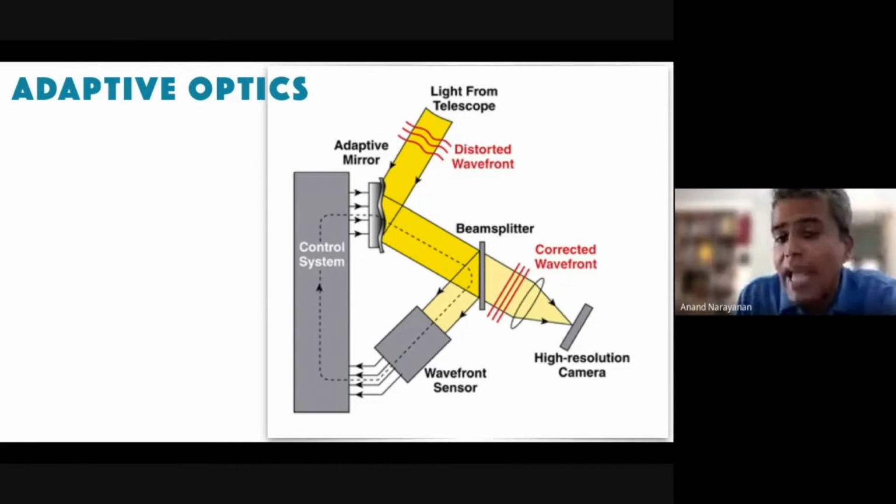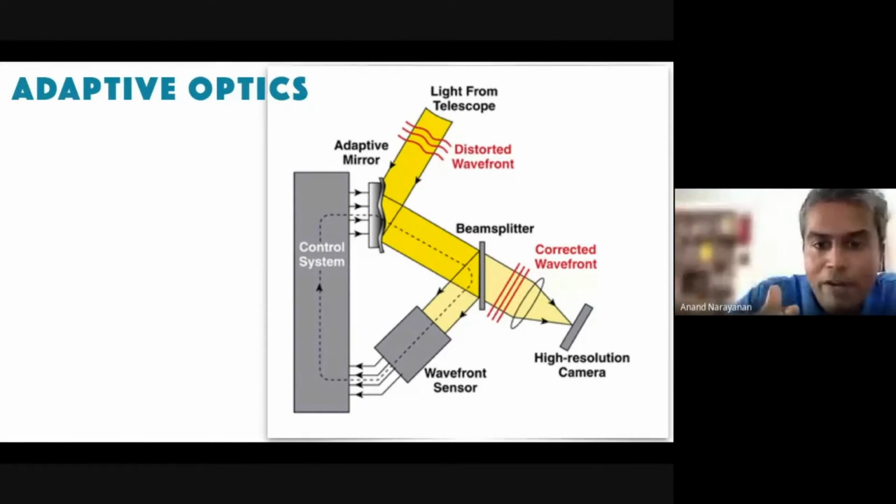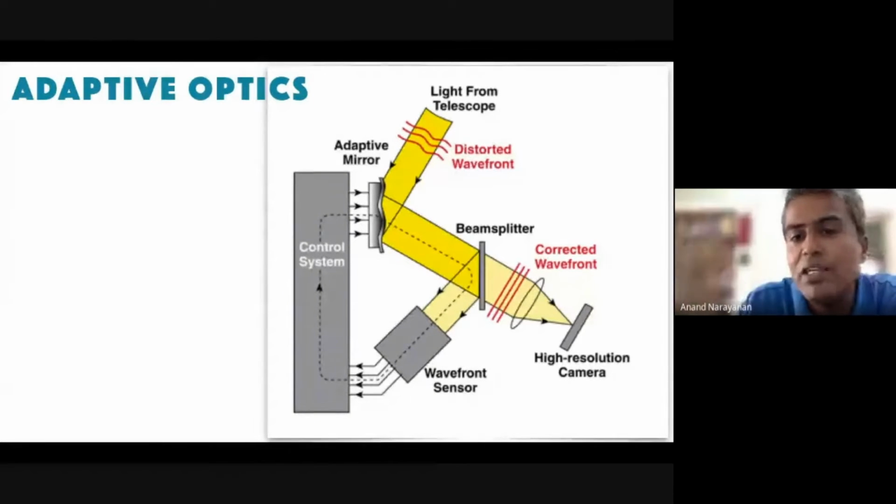This is happening in real time, which means that every millisecond the shape of the mirror keeps changing. The control system changes the mirror shape in one way, and within a fraction of a second the shape is changed again, because each time a wavefront comes the distortion is going to be different. It's not going to be the same amount of distortion. So this is what the real-time correction looks like.